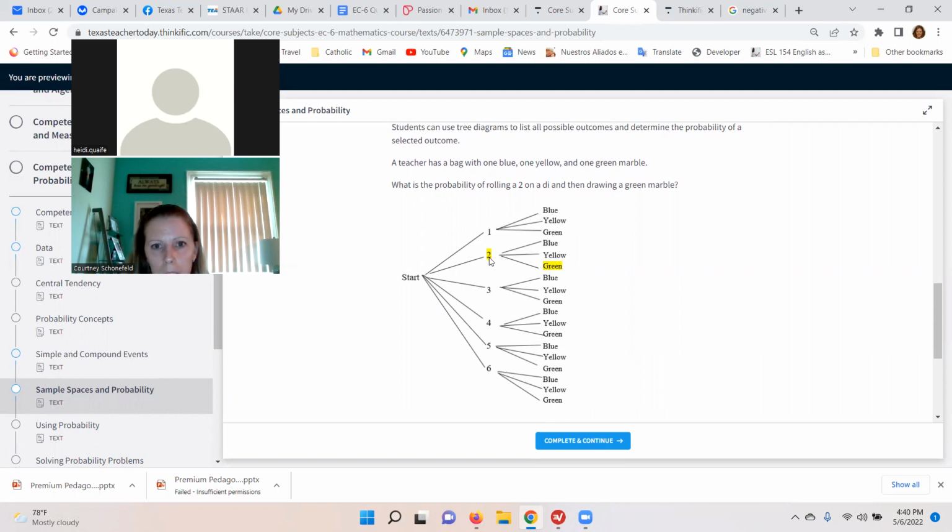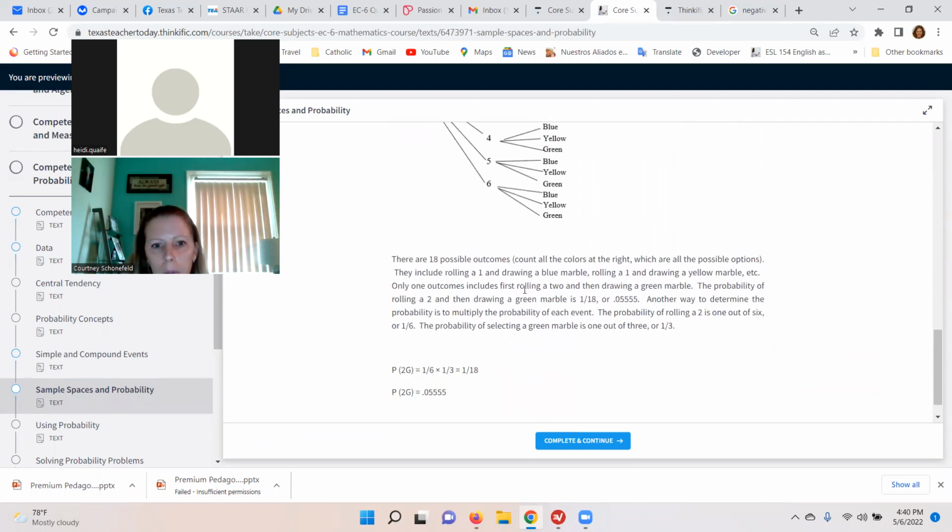But let's look at this one because this is what they're talking about. We have a 2 and a green is what we want. Notice there's only one of these possible outcomes, but how many total outcomes are there? There's 1, 2, 3, 4, 5, 6, 7, 8, 9, 10, 11, 12, 13, 14, 15, 16, 17, 18 possible outcomes. So it would be 1 divided by 18, right?